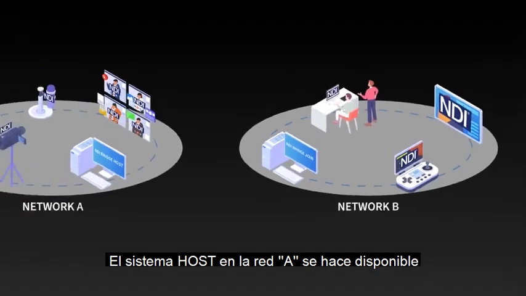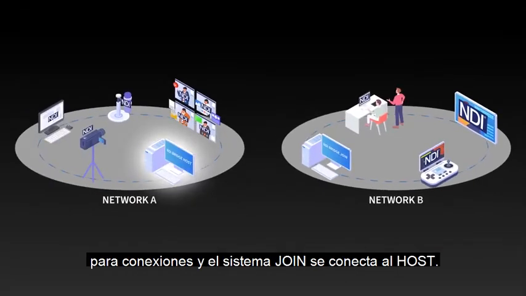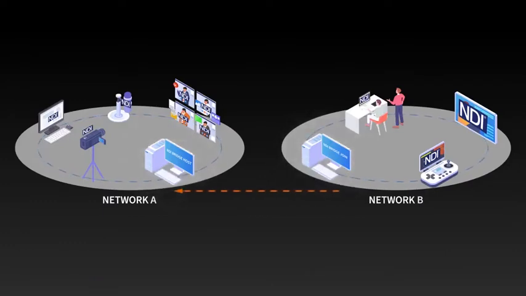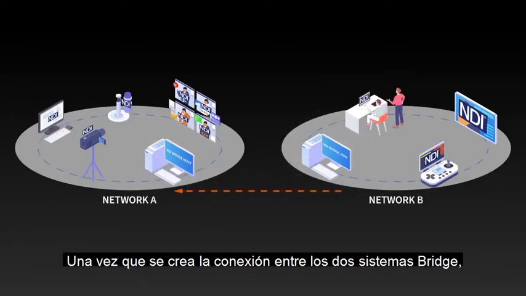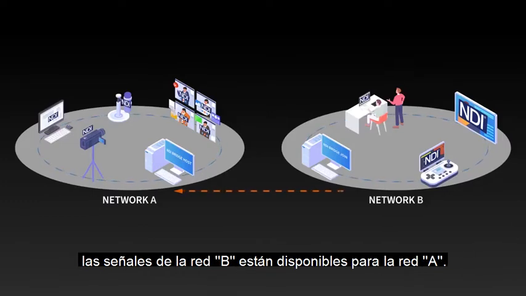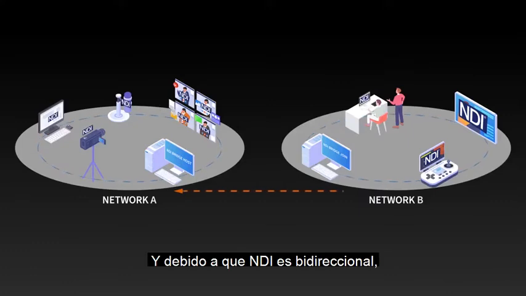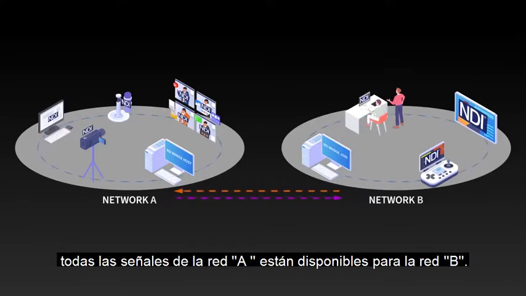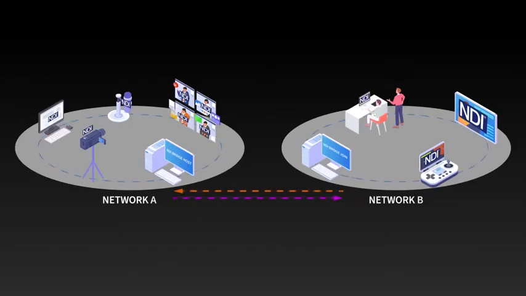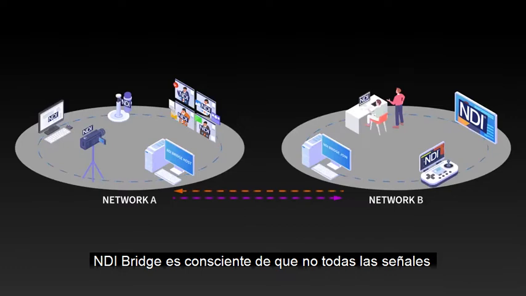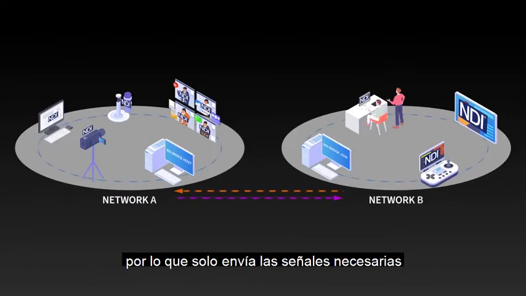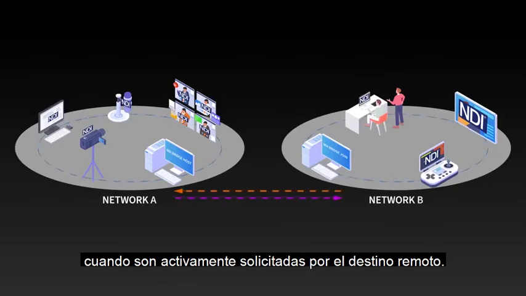The host system on Network A makes itself available for connections, and the join system connects to the host. Once a connection is created between the two bridge systems, signals from Network B are available to Network A. And because NDI is bidirectional, all of the signals from Network A become available to Network B. NDI Bridge is aware that not all signals can be sent at all times, so it only sends the needed signals when they are being actively requested by a remote destination.